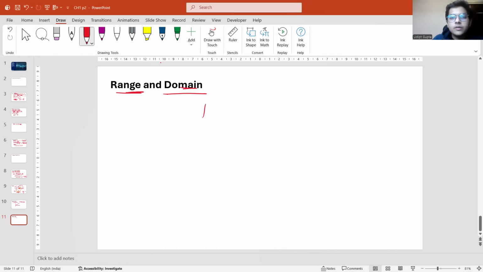Let's say the function is y is equal to log x. Domain is the range of inputs that you can put into the function. Range is the set of outputs that you can receive. Domain is the set of inputs that you can put inside the function.